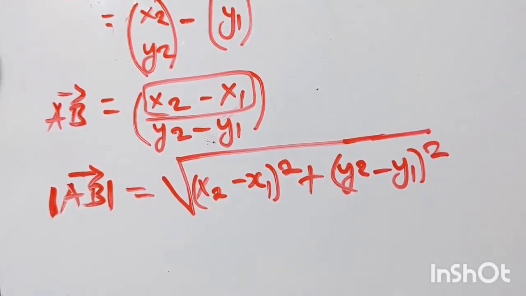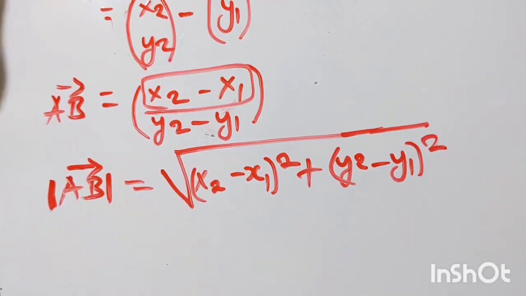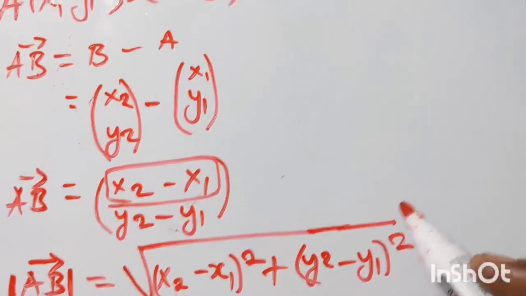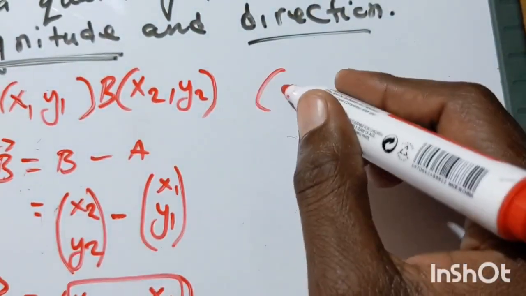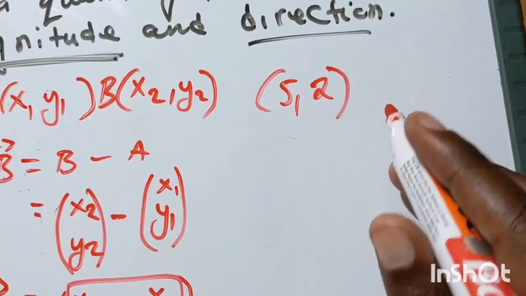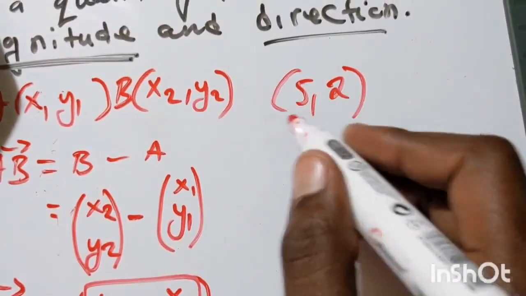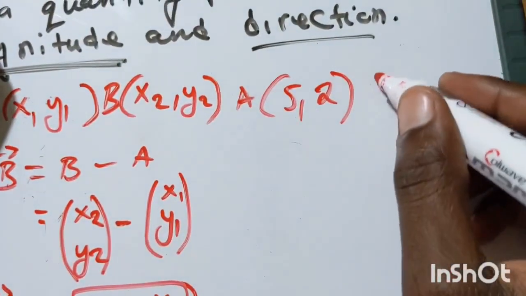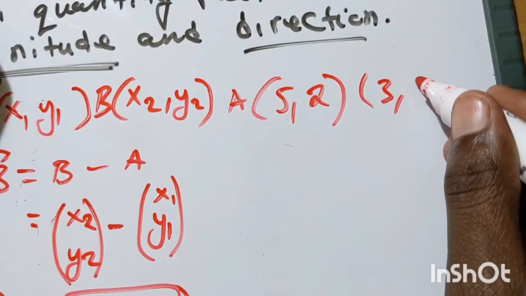Let's say you are given a question to find the magnitude of a vector when you are given 2 points. Let's say point A is (5, 2) and point B is (3, 4).